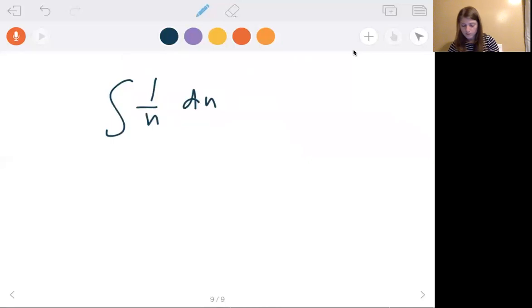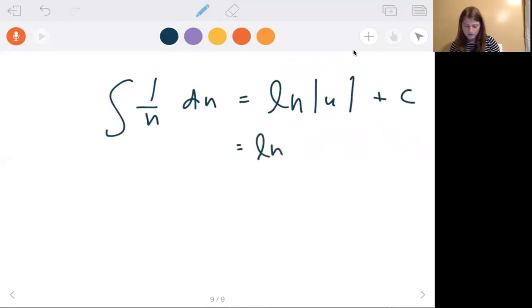Now, we know that this should be the natural log of the absolute value. We didn't have to do any constant manipulation. And then I can go ahead and put this back in. Replace my u with 1 plus x squared. Now, in this particular case, you don't technically need the absolute values.